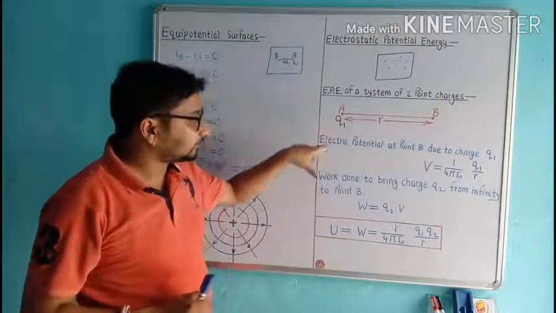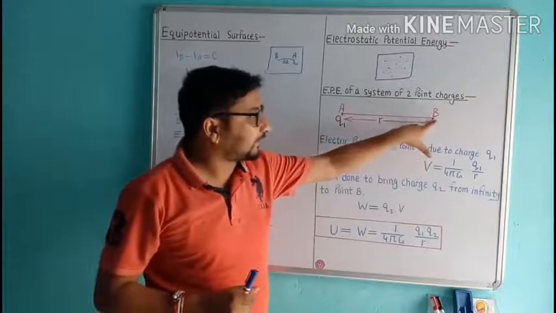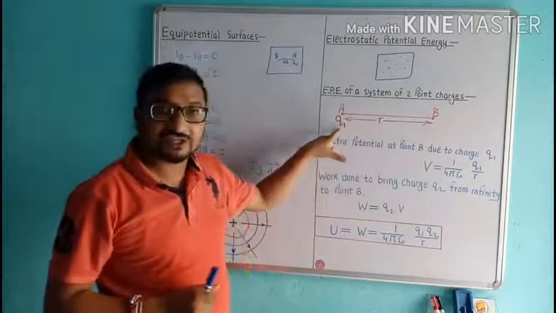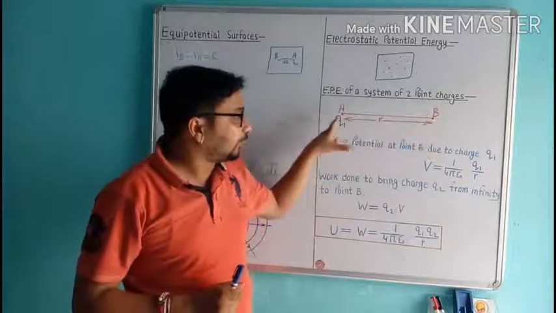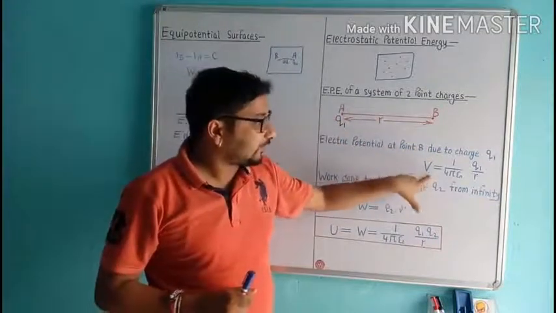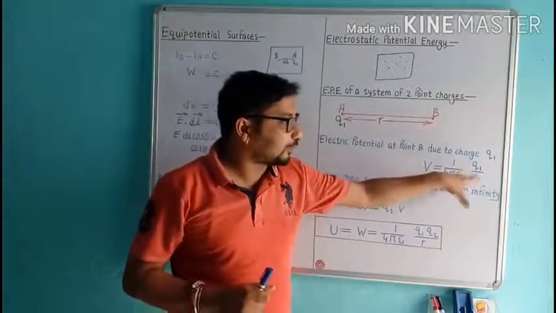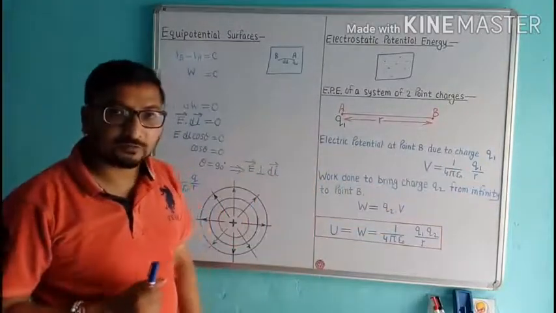Now the electric potential at point B due to charge Q1, V, is equal to 1 upon 4 pi epsilon naught Q1 upon R. We know the formula.